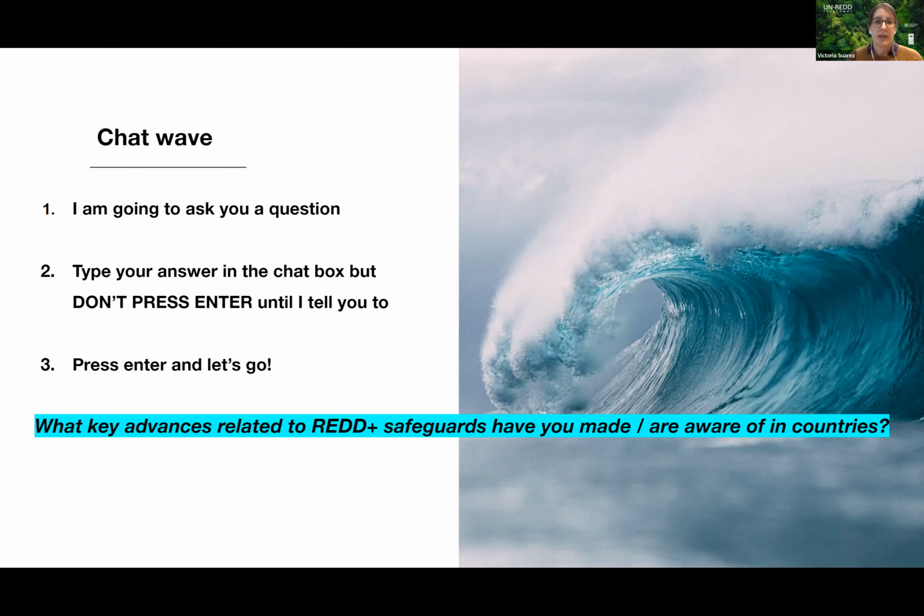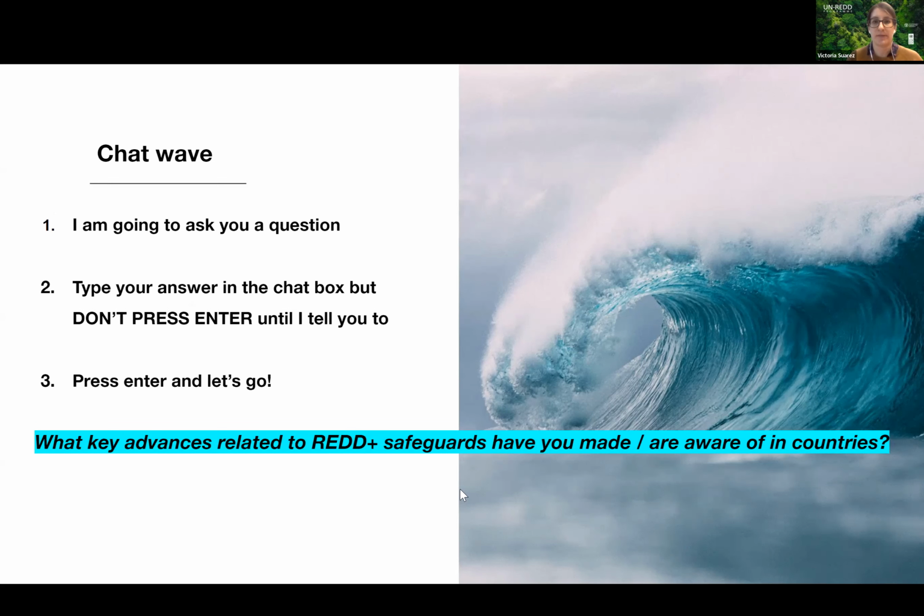We'll give it a few seconds. So what are key advances related to REDD+ safeguards that you have made or are aware of in different countries or in a specific country? And please go now, share your answers with us.